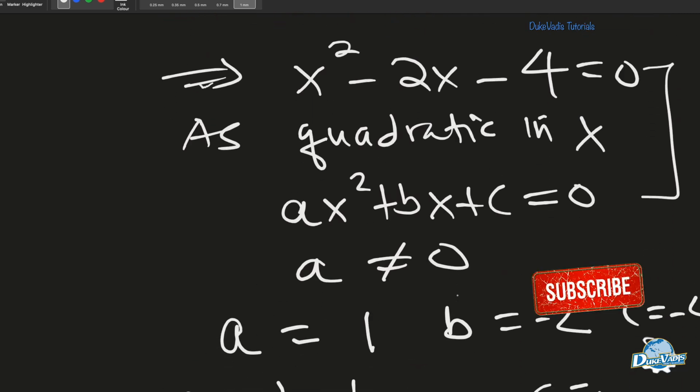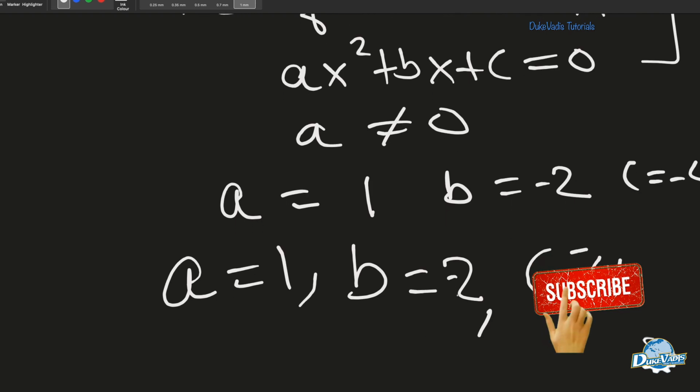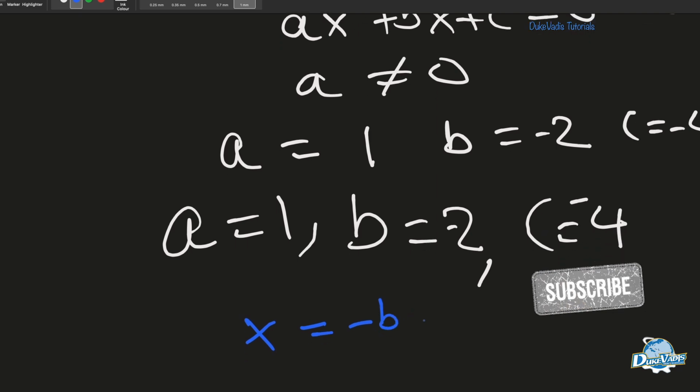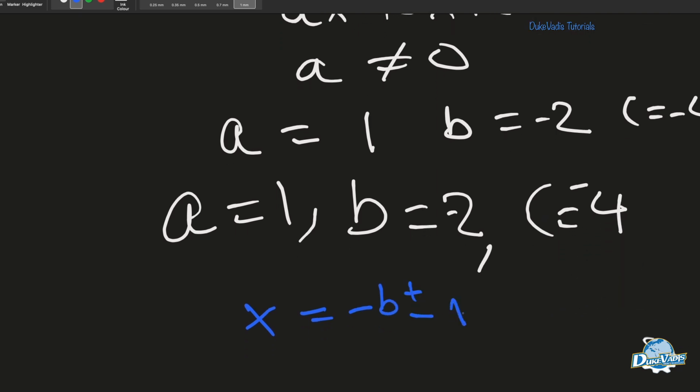So now, all we have to do is to solve the quadratic equation. And how do we go about it? We can use the almighty quadratic formula that says, as far as a is not equal to 0, x will be equal to -b plus or minus square root of b squared minus 4ac all over 2a.